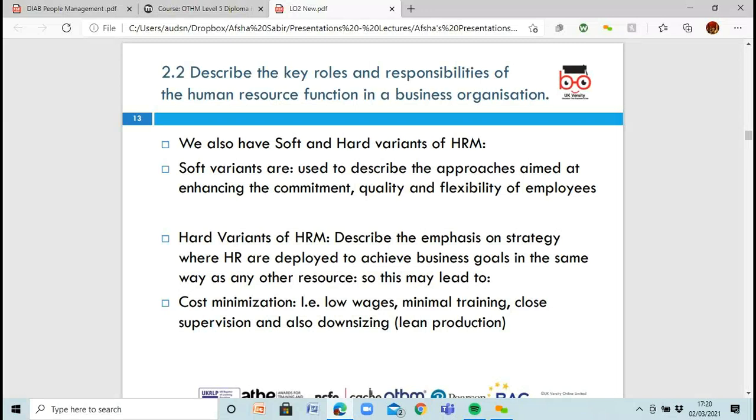You might want to have very close supervision where everybody is getting watched constantly. But then you might also have lean production. So you might be downsizing. You might be closing down departments, or going to another part of the country where it's cheaper to run production. So that is what we do with hard variants.